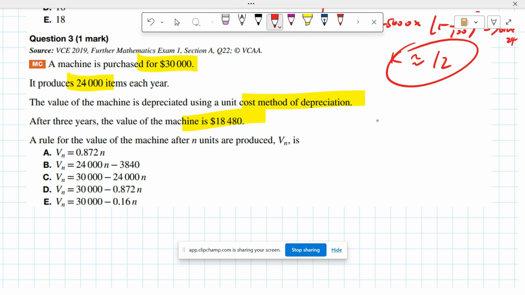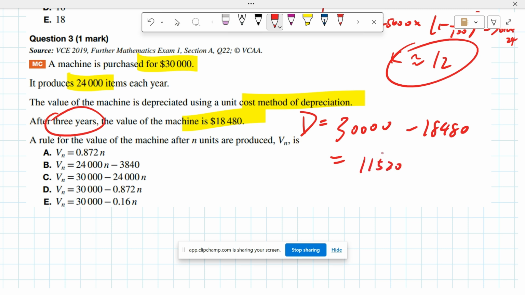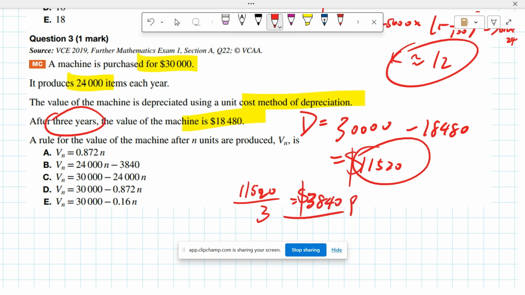We don't know the total depreciation after 3 years, so 30,000 minus 18,480 is the total depreciation, which equals 11,520. The depreciation per year we don't know, so we divide by 3, which equals $3,840 per year.